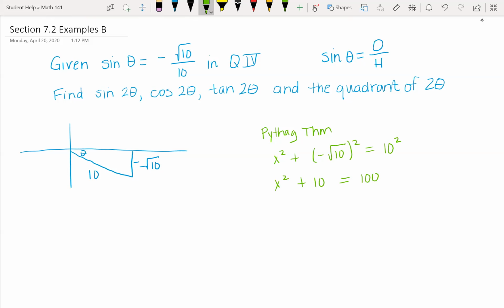Subtract 10 from both sides, and we get that x squared is equal to 90, or x is the square root of 90. We would probably write that instead as 3 times the square root of 10. So that's going to be this side here, 3 root 10.